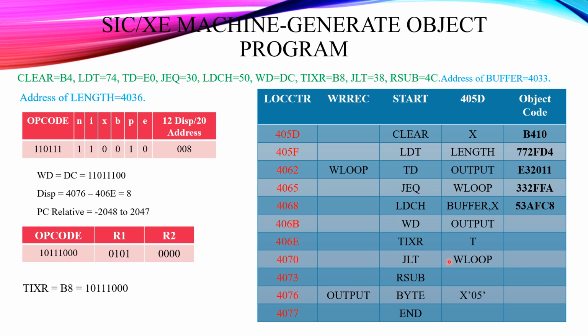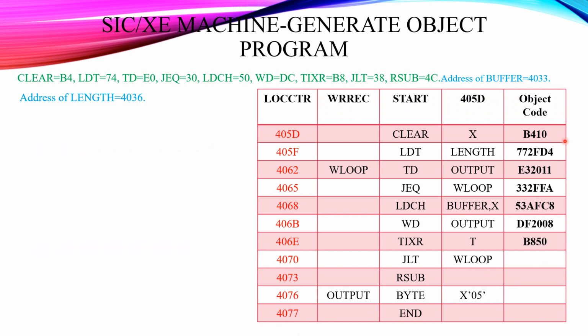We are using the T register, which has the mnemonic number 5, so 0101, and we are not using any register 2, so it will be 0000. By grouping 4 bits, we get B850. So the object code for the TIXR is B850.